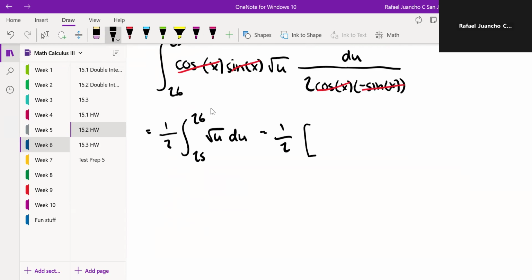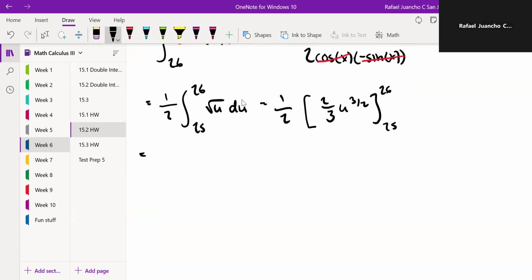Then this was, I think, 2 over 3 u to the 3 over 2. 25 to 26. There we go. Nice U sub.